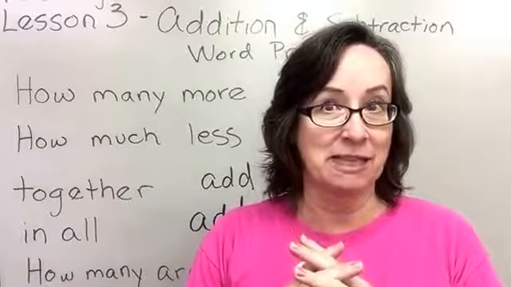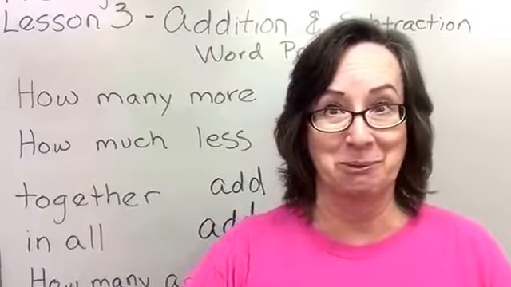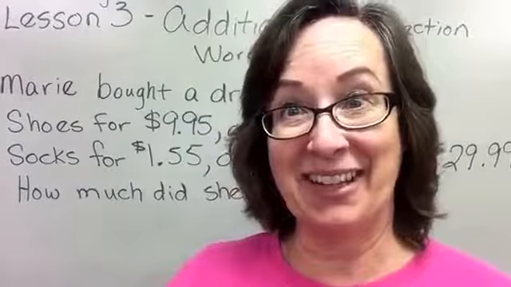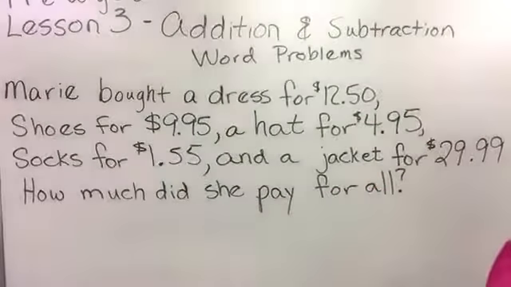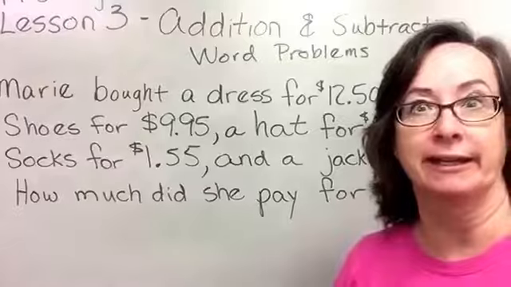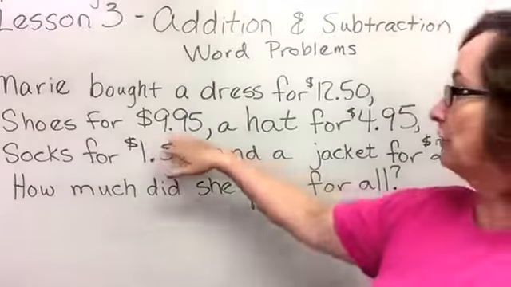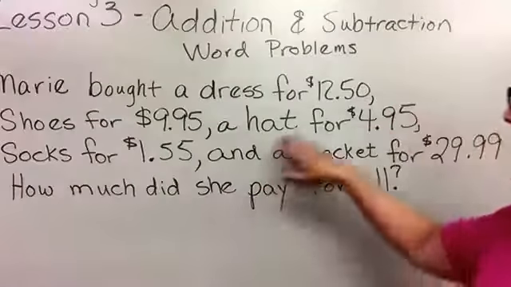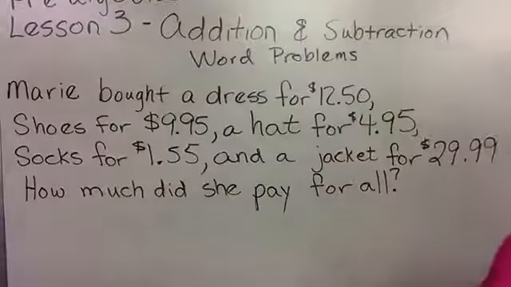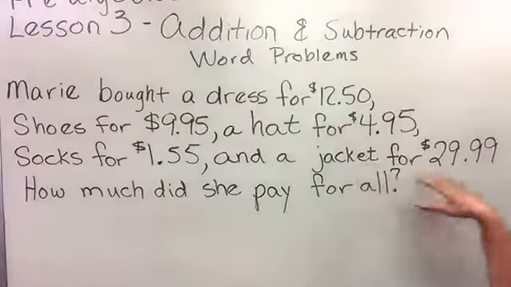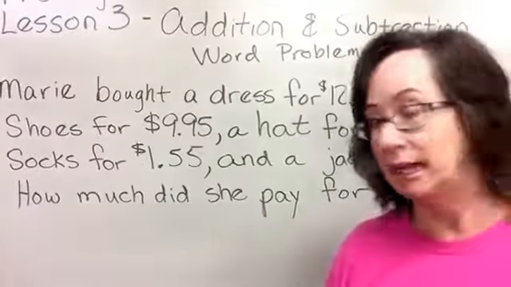So the next time you see me, there'll be some word problems on this board. All right, so here we are with our first problem. Marie bought a dress for $12.50. She got a great deal, didn't she? Shoes for $9.95. A hat for $4.95. Socks for $1.55 and a jacket for $29.99.